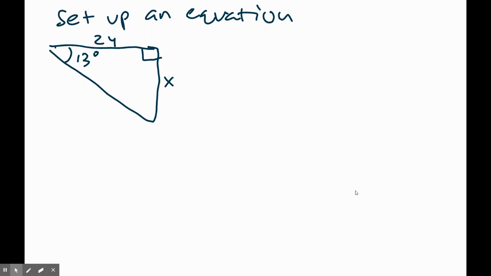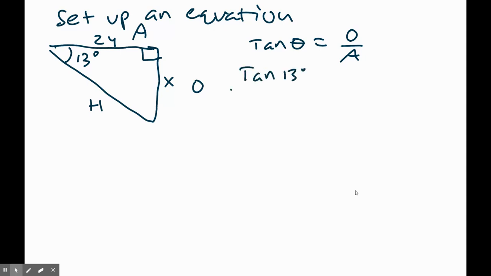So our first step here should be to start by labeling our triangle: opposite of the angle or theta, adjacent to the angle or theta, and the hypotenuse. Now we can write our same ratio. Tangent of theta is always going to be opposite over adjacent. And in this case, we know what theta is. Tangent of 13 degrees over 1 is going to equal x over 24.